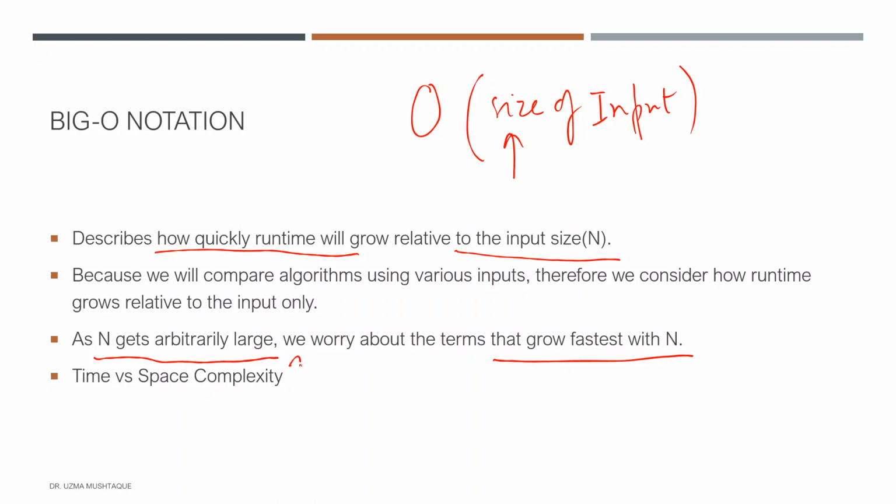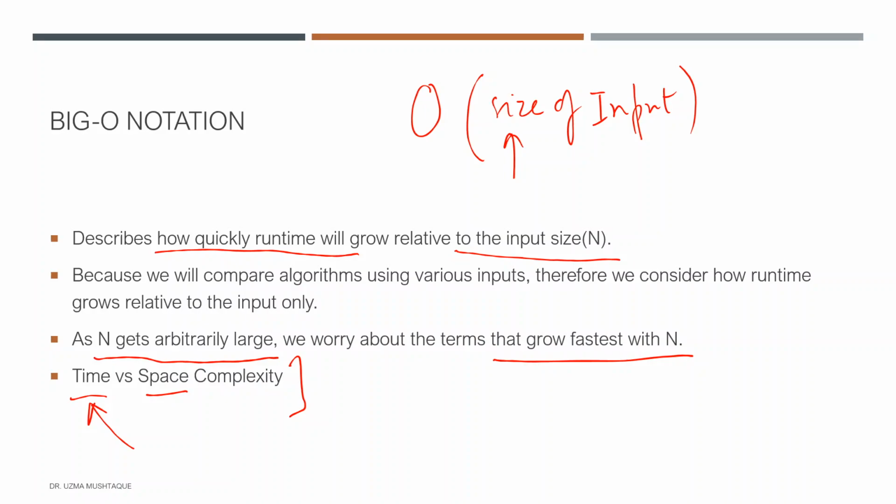There are two parts of big O notation: one is time complexity, the other is space complexity, and you need to be familiar with both. But mostly when we ask you to find the complexity, it's in terms of time. So let's say you're in an interview setting, you might ask the interviewer whether they are interested in time or space complexity.